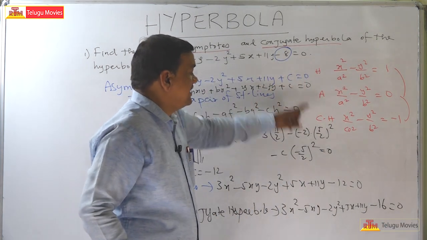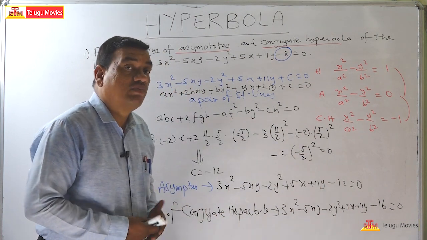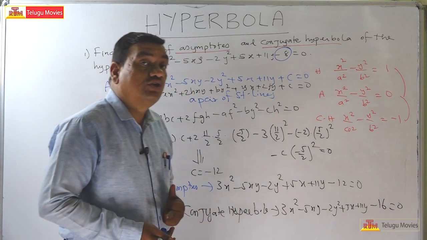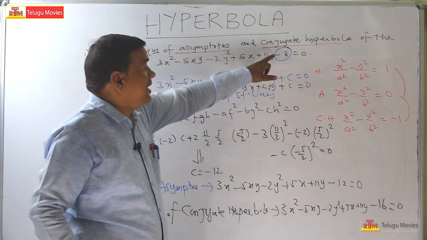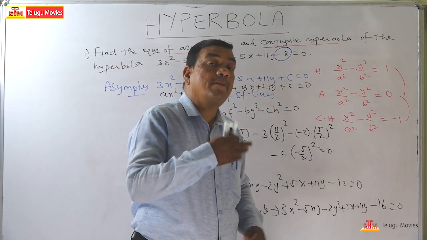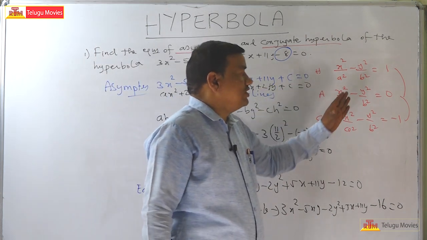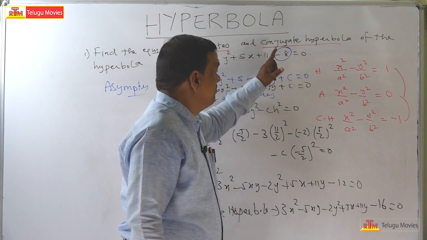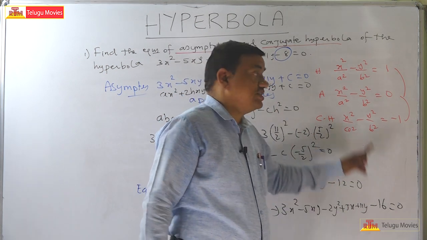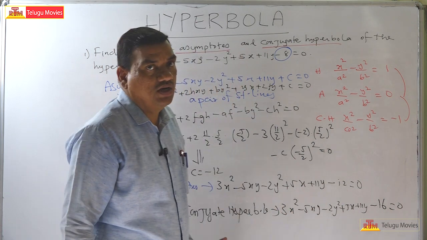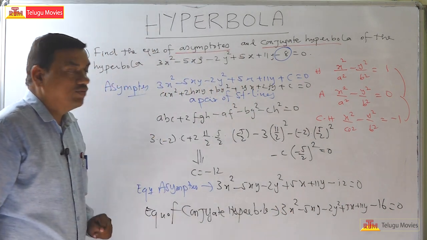So from minus 12 to minus 16 also the difference should be 4. That's why here minus 8, minus 12, minus 16, like 1, 0, minus 1. Here the difference is 4, here also the difference should be 4. Understand this? So like that we have to find out.